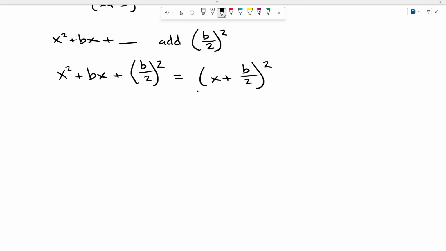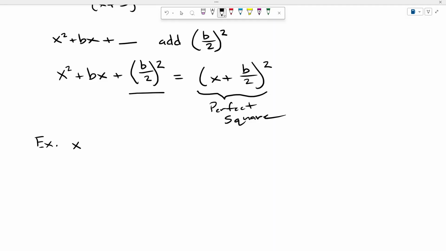So then this right here will become our perfect square that we can much more readily solve from there. So that's what completing the square allows us to do: figure out what we're adding on here, and then that becomes a perfect square. Well, let's take a look at an example so we can see this more clearly.